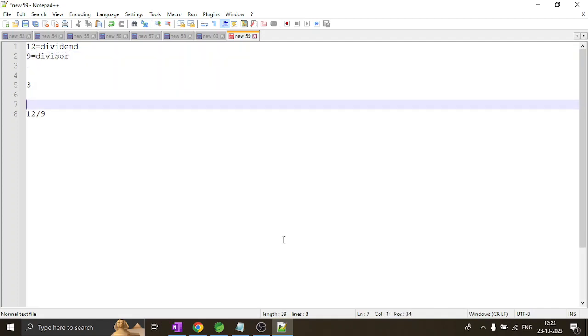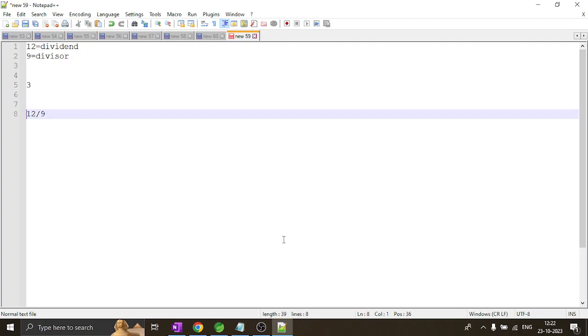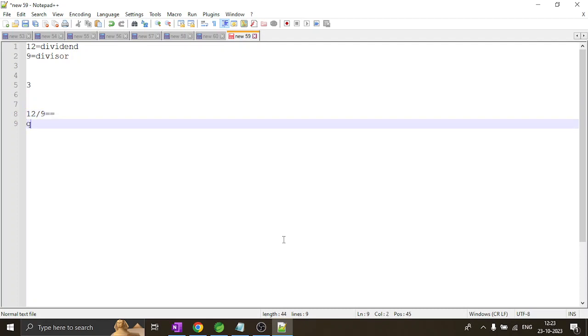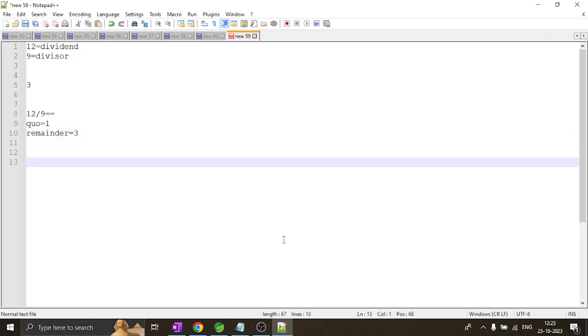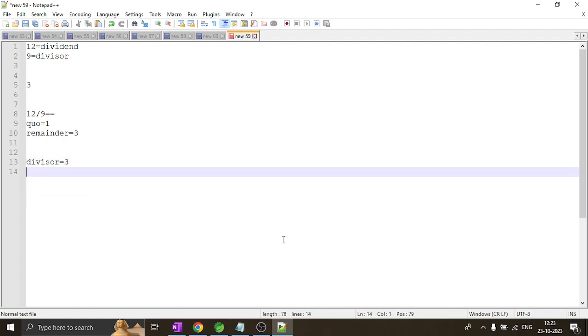Now after we divide this, we get a quotient and a remainder. So your quotient will be 1 and remainder will be 3. So in the next iteration this remainder becomes the divisor.